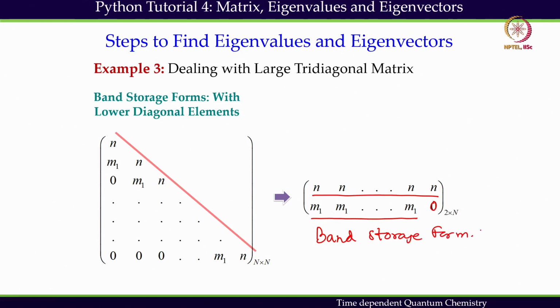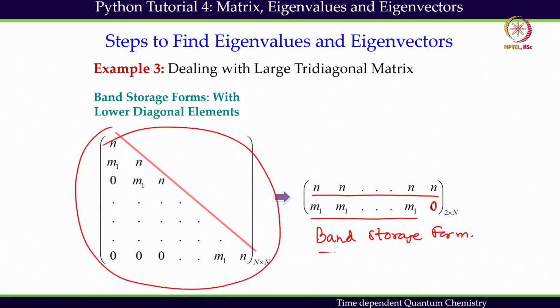So, we are actually storing the very large Hermitian tridiagonal matrix in the band storage form to reduce the memory consumption when you are dealing with the matrix.